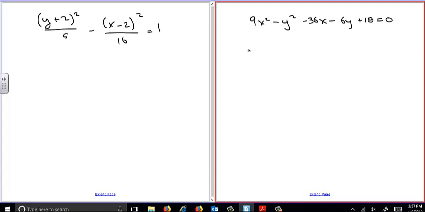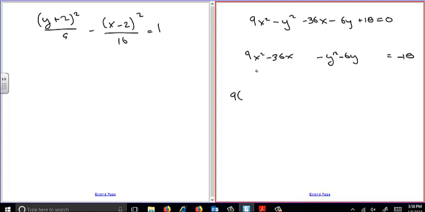Okay, so same way we did with the ellipses, we group the two terms together that involve x, we group the two terms together that involve y, and we take the constant term and move it to the other side. So a positive 18 becomes negative 18.